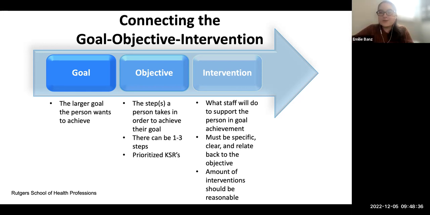But if the person is only willing to meet with you like once or twice a month, or maybe even 3 times a month, that might not be enough time for you to employ 4 or 5 or 6 interventions. Okay. So you just want to make sure that it's reasonable in regard to the person and what their needs are, as well as how often they're willing to see you. Okay.